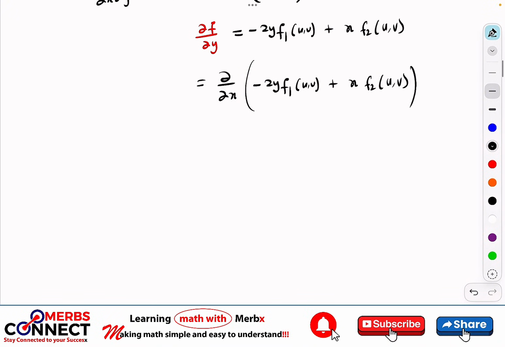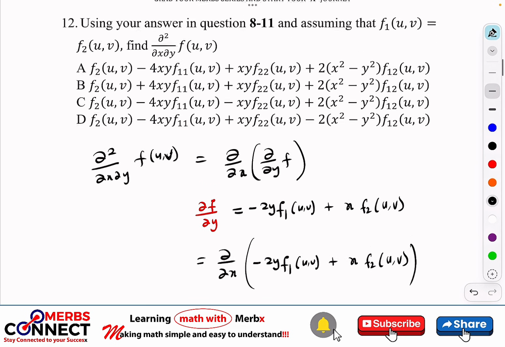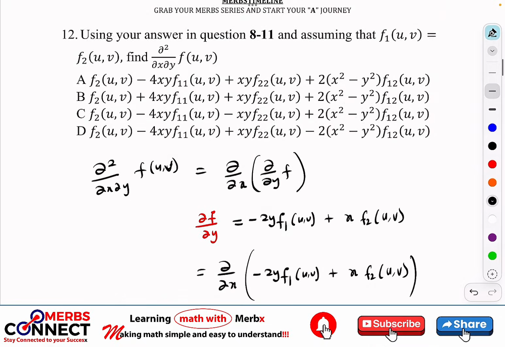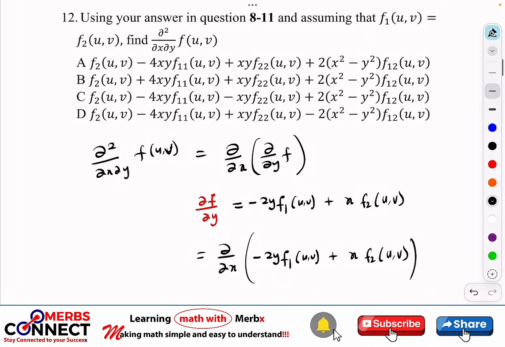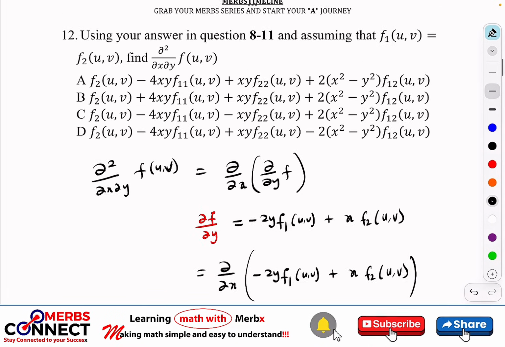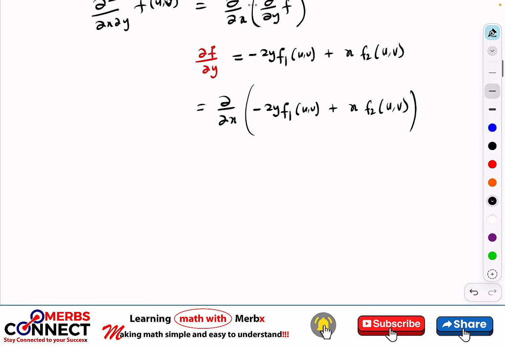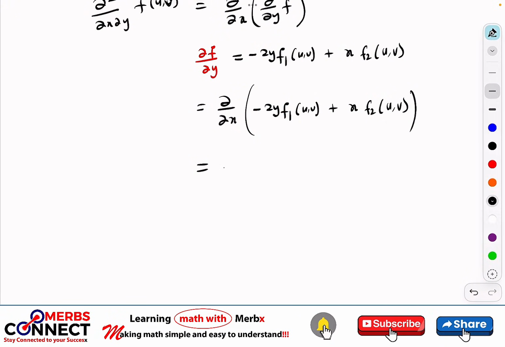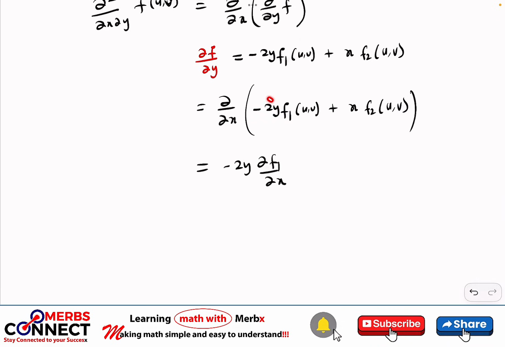Okay. So this is going to be partial square. Okay, let's do it and see what is going to happen. So I'm going to differentiate this with respect to X. So I'm going to have minus 2y out partial of F1 with respect to X, because this is a constant with respect to X. So this becomes constant.